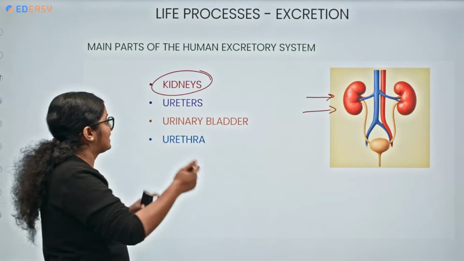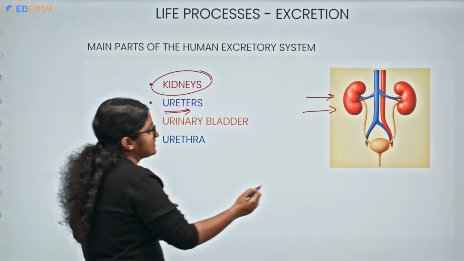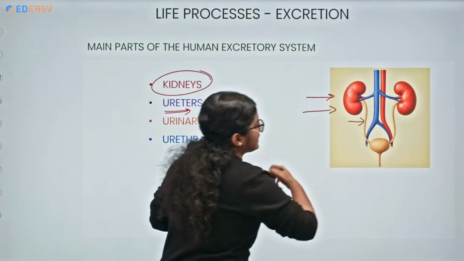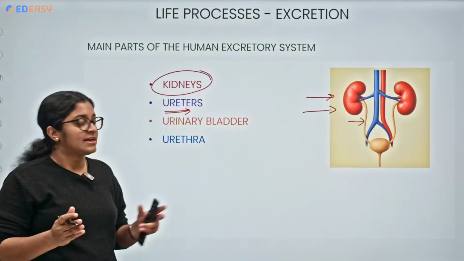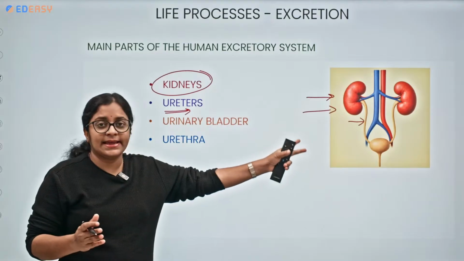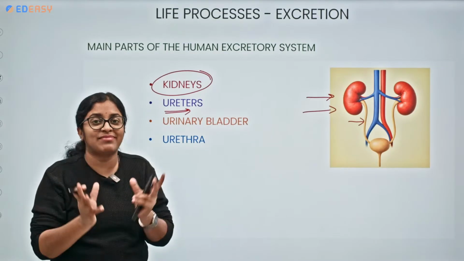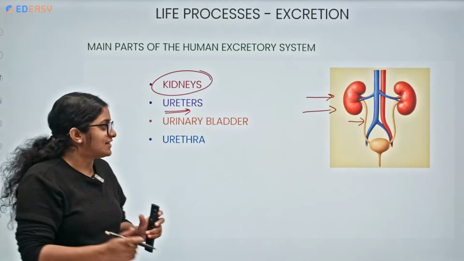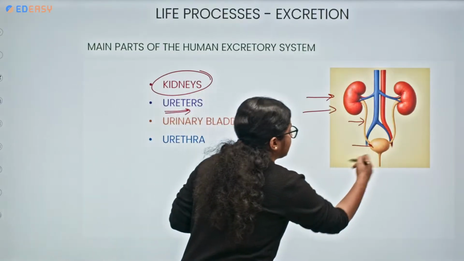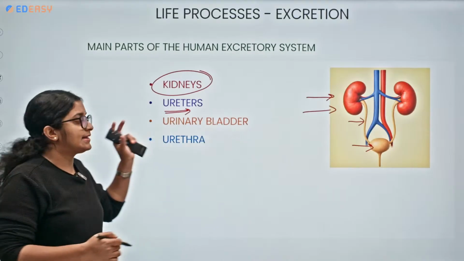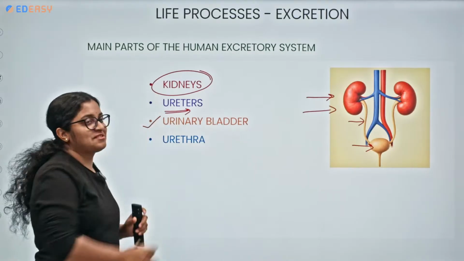They are nothing but the ureters. So where does the ureter end? In a muscular bag-like structure. What is that? It is the urinary bladder.